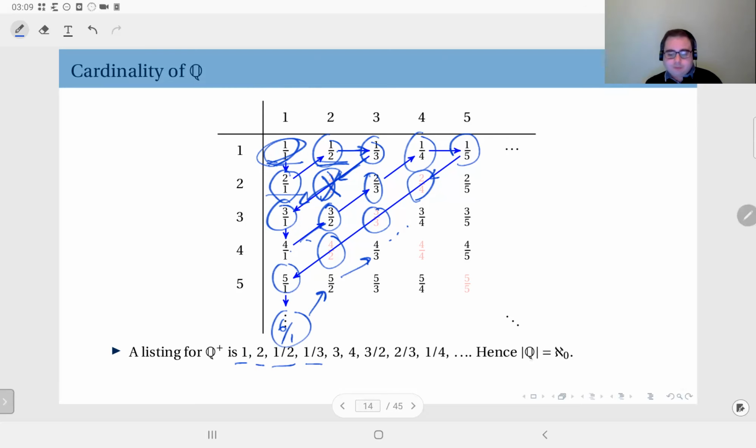And this shows that, well, at least it shows that the set of positive rational numbers is countably infinite, but you can generalize this to the set of all rational numbers, and that is countably infinite also.